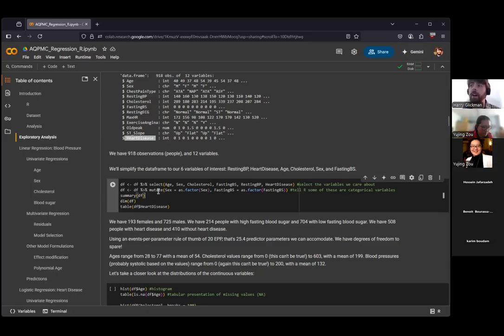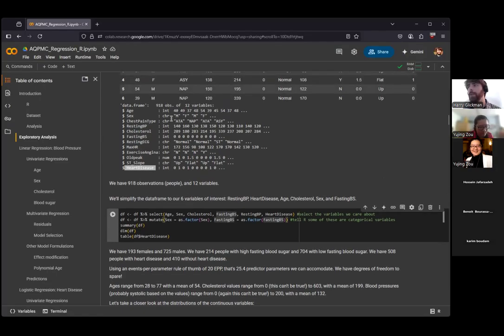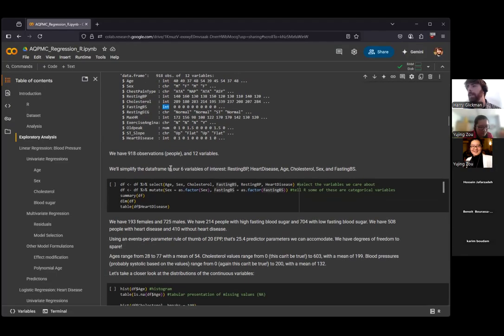And then we're also going to tell R that the sex variable is categorical, and this as factor function is what tells R that this is a category, and that the blood sugar variable is also a categorical predictor. So we're just telling R to select these six variables we care about, and to replace these two with categories instead of what they currently are, which is a character and an integer.